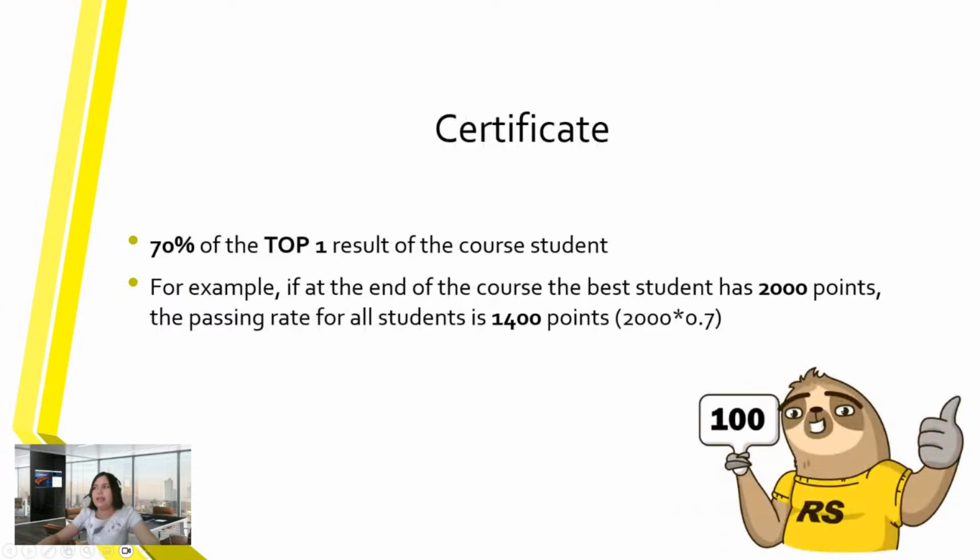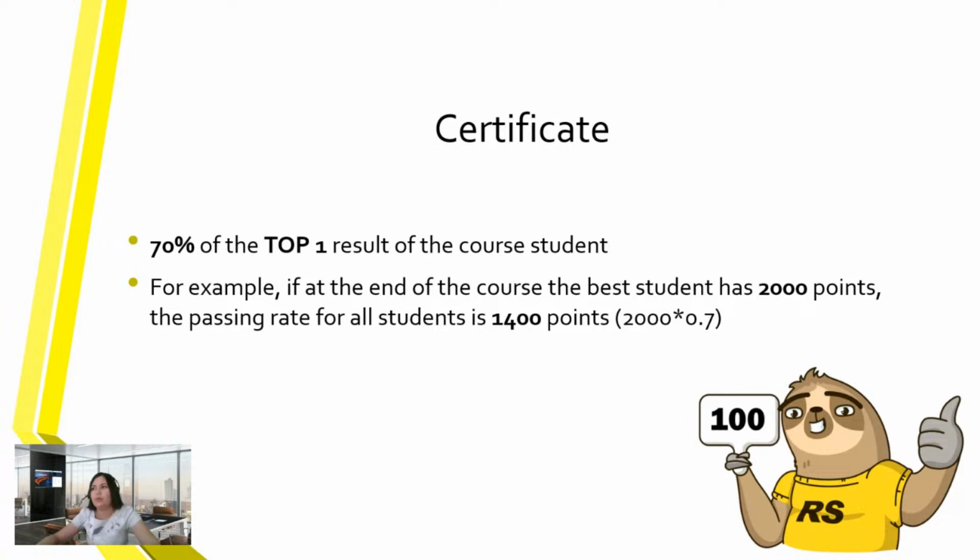And in the end of the course, some of you will receive a certificate. We have rules that usually we consider how many points the best student in the course received. And whether you receive a certificate or not depends on how many points you receive.